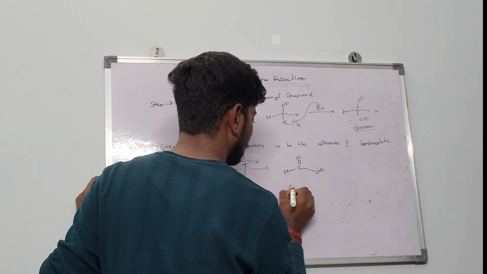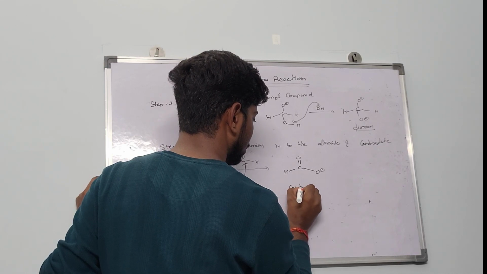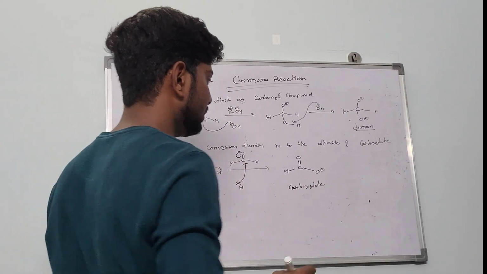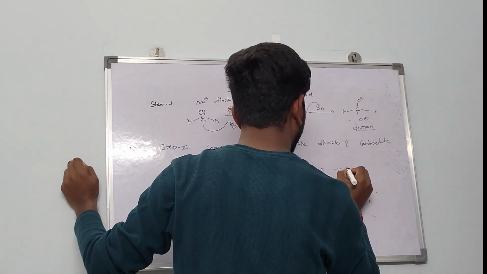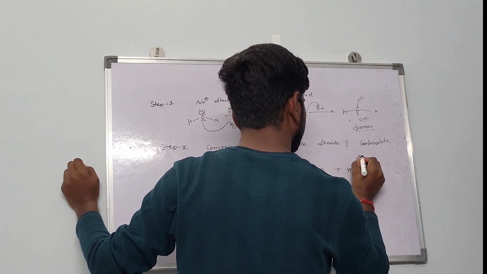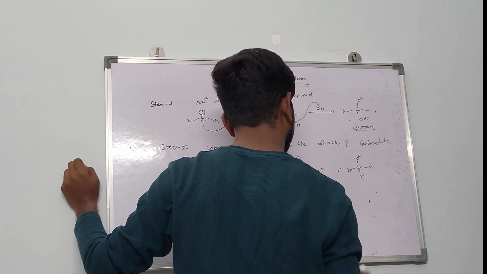That is our carboxylate. And one is the alkoxide: H single bond C O negative, single bond hydrogen.